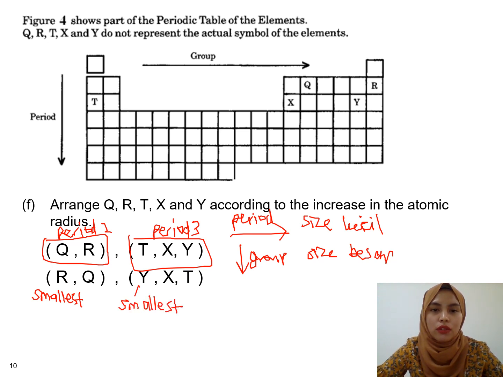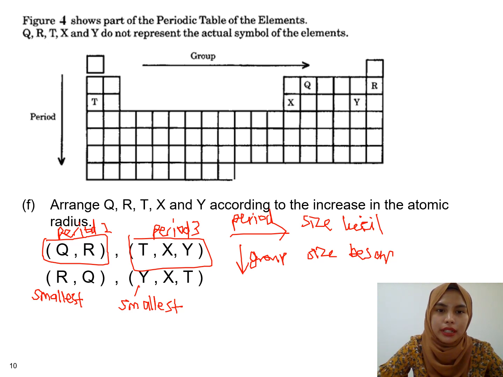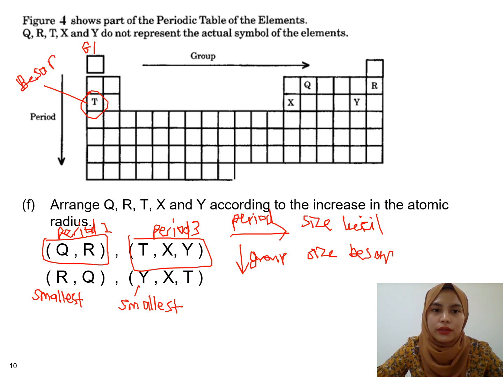Lepas tu barulah kamu compare ikutkan group. Kalau let's say siapa yang berada di group yang pertama ni, group pertama kan. So T mestilah paling besar. Okay. So if let's say you know that across the period size makin lama makin kecil, so I can safely say here that R will be the smallest atom.